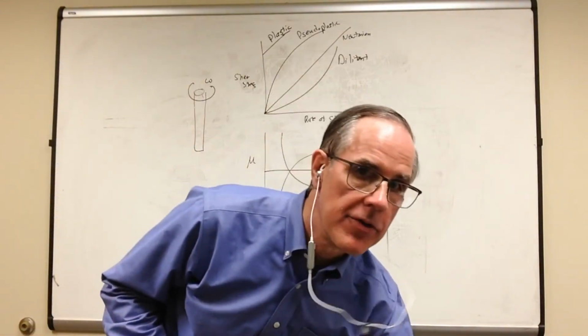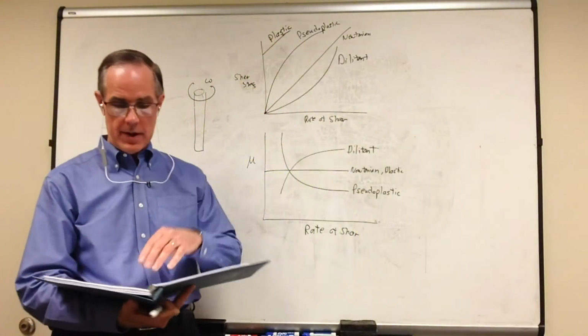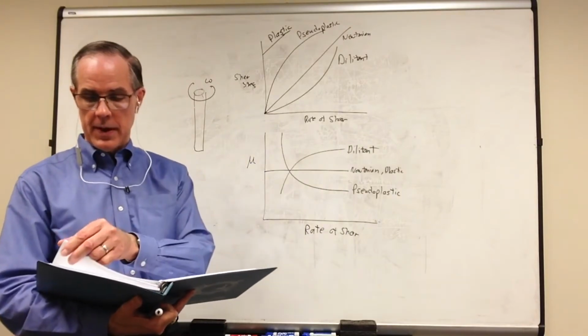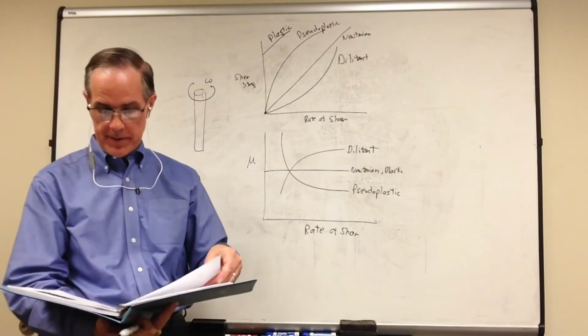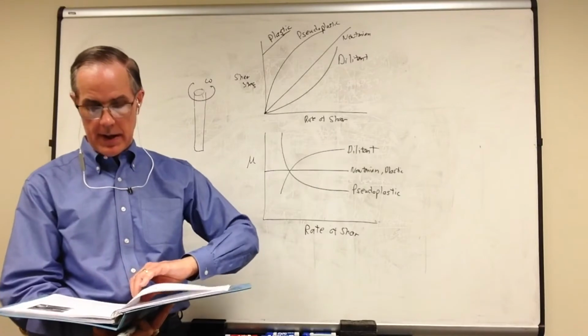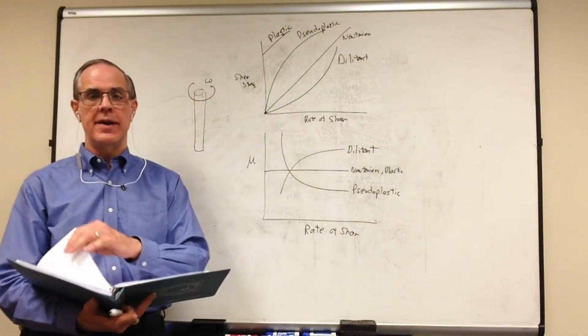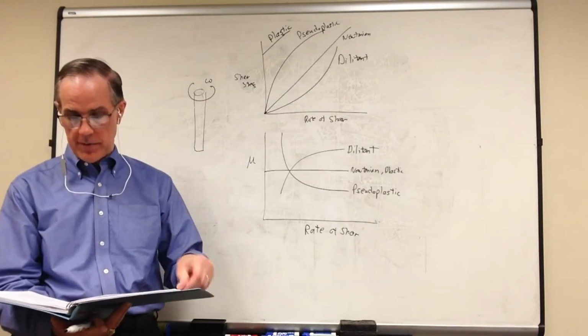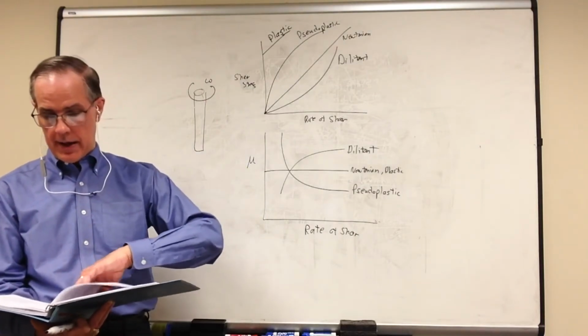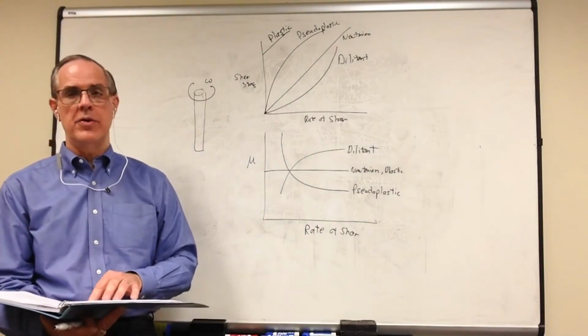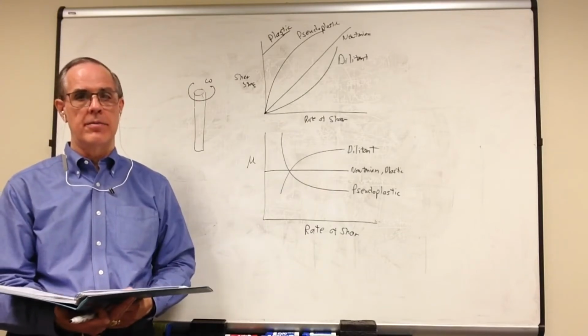That pretty much is the object behind this experiment. The concept is basically the same as it was before. It's just that we have a little bit more modern equipment. We can do this more directly than we could in the past.